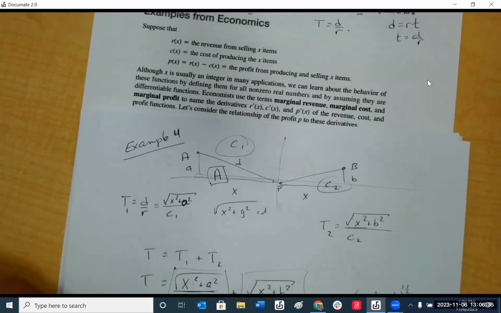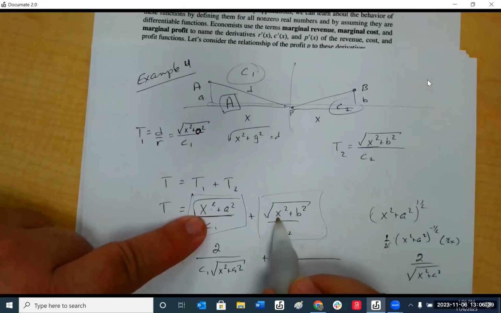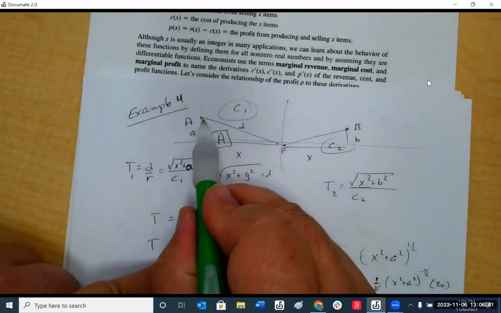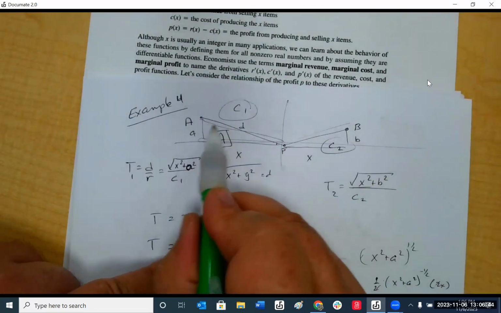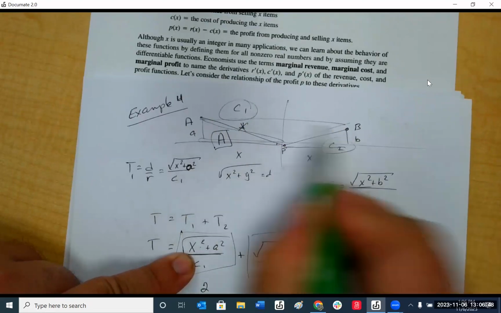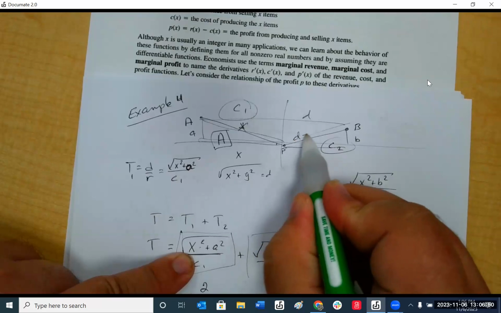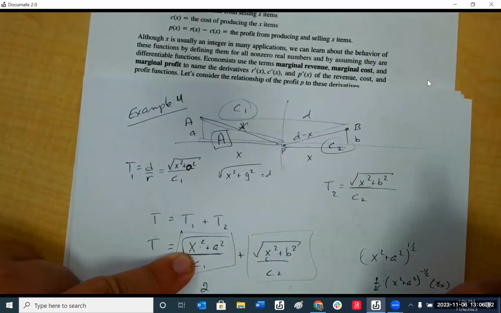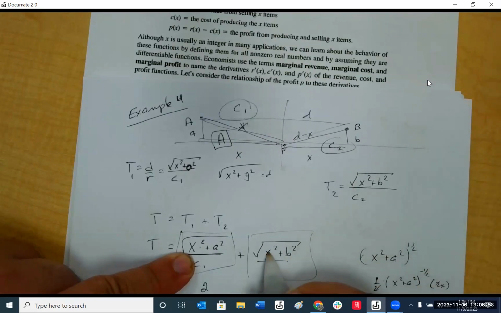This can't be the same x. I can't have the same x's here because if the distance traveled here is x, then this is the distance minus x to get to b, so this one is distance minus x.